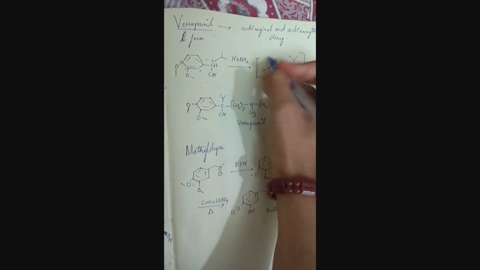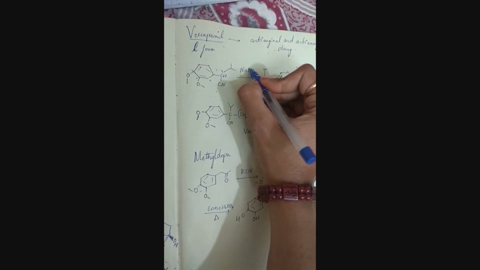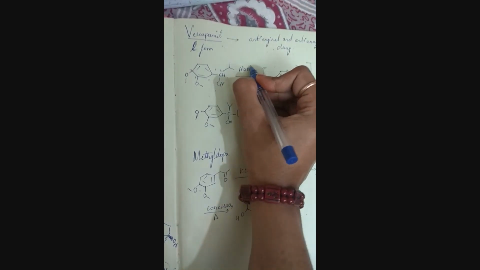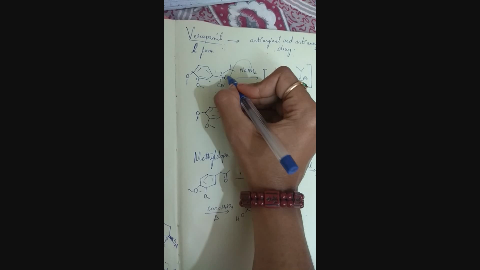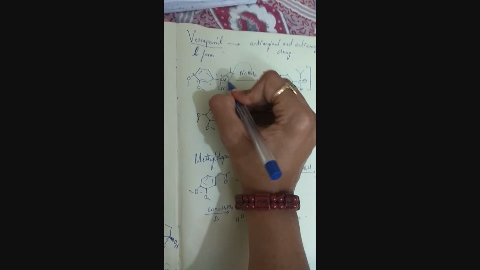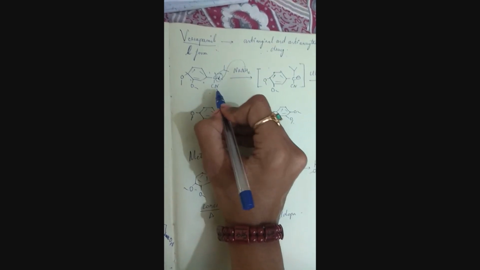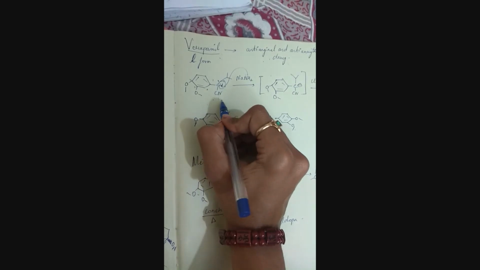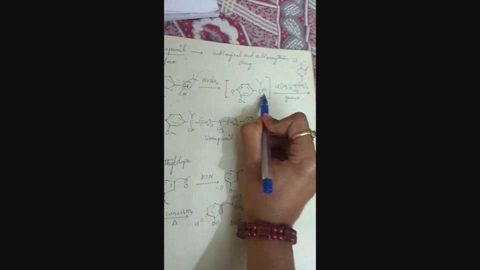We know this is a nucleophilic center, so this will abstract a hydrogen from this carbon, as this carbon is acidic as it is attached to a nitrile group. So we get a carbanion.